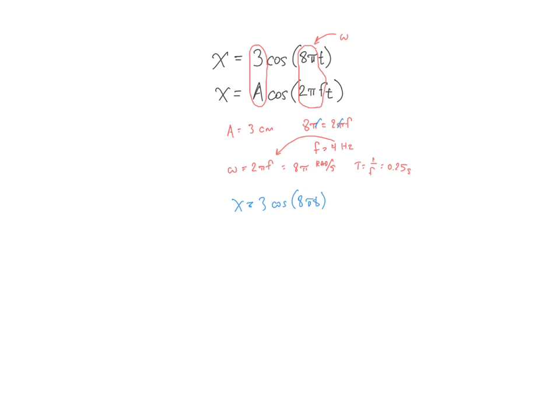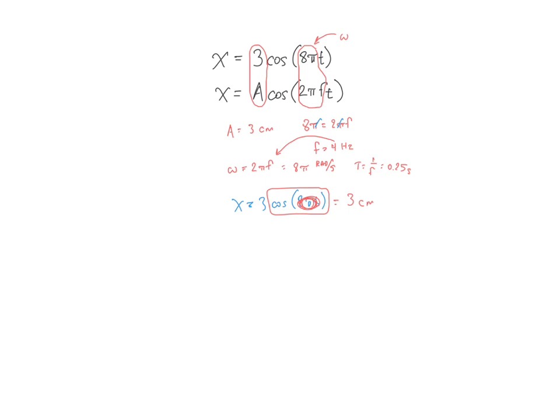So when t is equal to 0, that means everything in the parentheses here is going to be 0. Cosine of 0 is equal to 1, and 3 times 1 is just equal to 3. So at t equals 0, the position of the particle is at 3 centimeters, which is its amplitude. So that means it is going to be located at one of its endpoints. And you can just show these calculations for the justification of your answer.